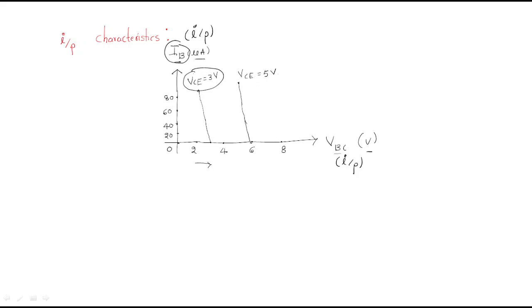Here also, if we increase VCE, keeping the collector emitter voltage at 5 volts, you get the initial current at approximately between 4 to 6 volts. That value is more than 80 microamps.